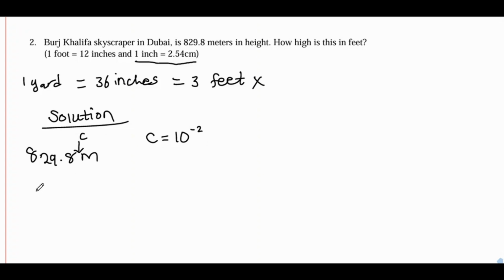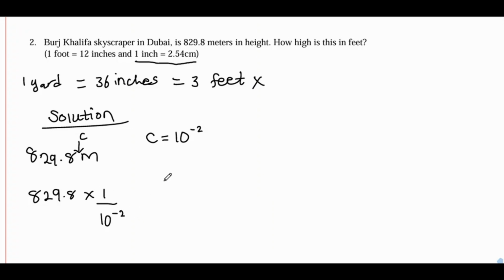Now we have the coefficient, which is 829.8, and now we are dividing. Dividing is the same as multiplying by the reciprocal.